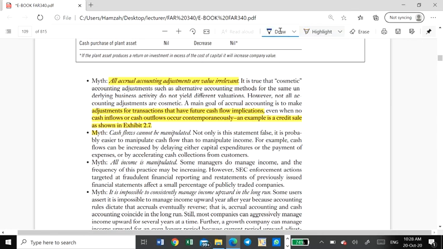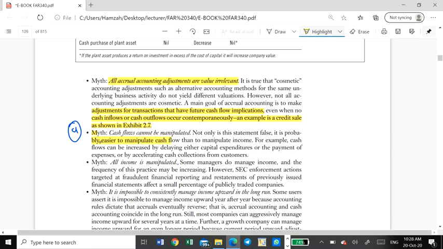So mitos yang keempat, cash flow cannot be manipulated. Wrong. Okay. Cash flow can be manipulated. Not only is this statement false, it is probably easier to manipulate cash flow than to manipulate income.